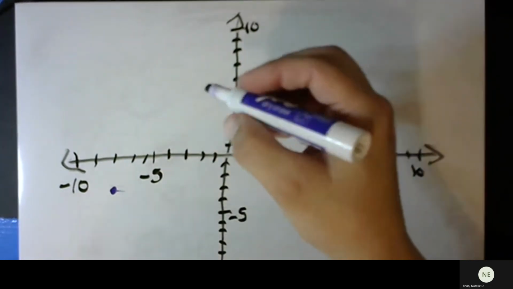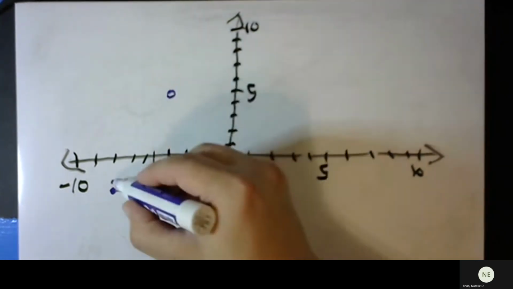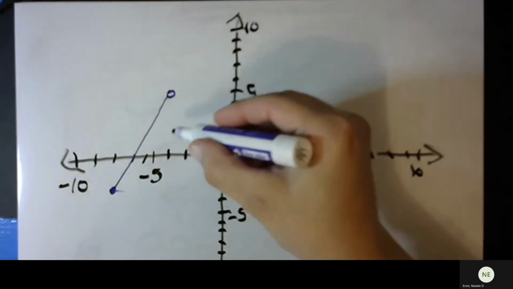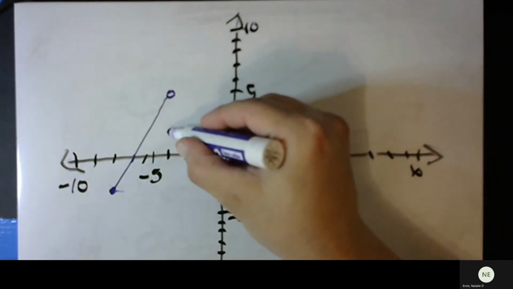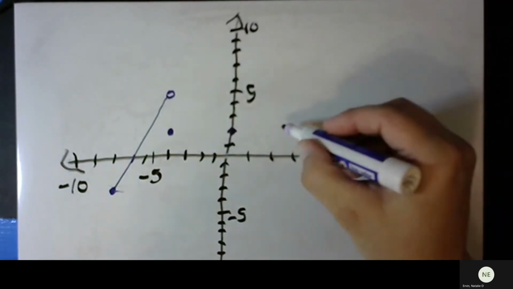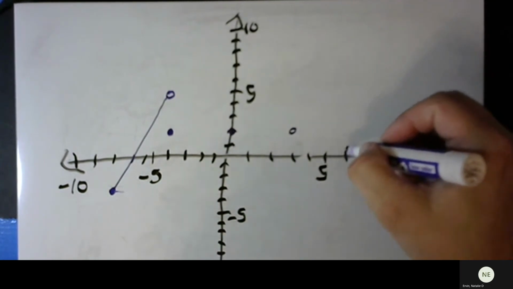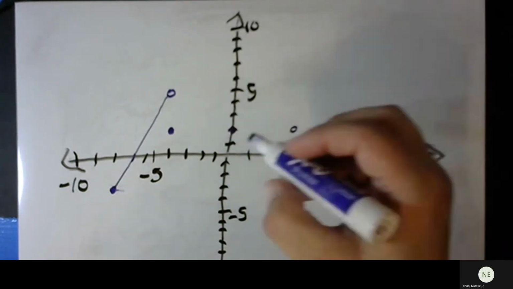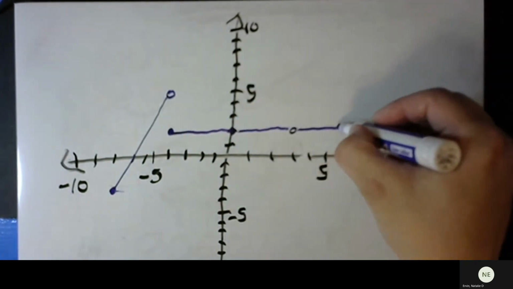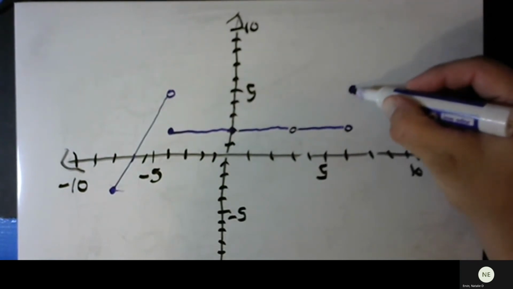Let's see. -4, 5. And -4 and 2. Right up to 5.